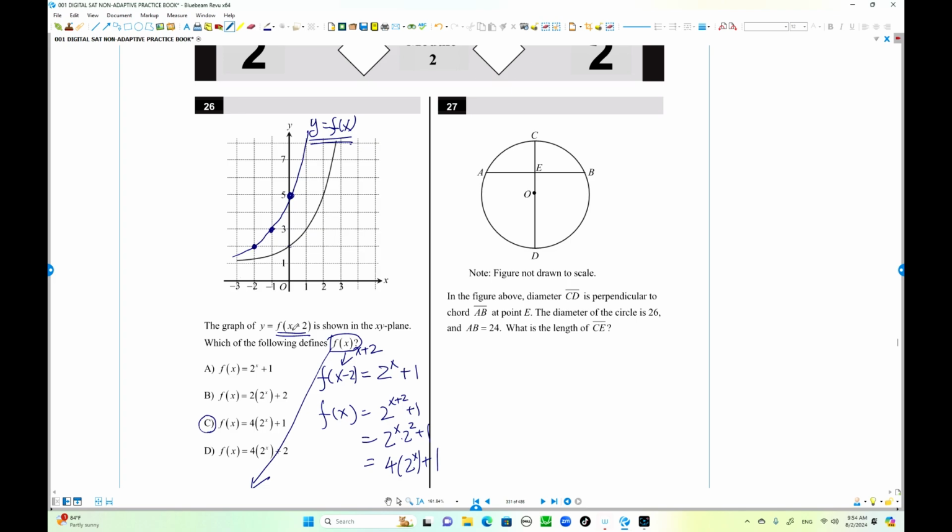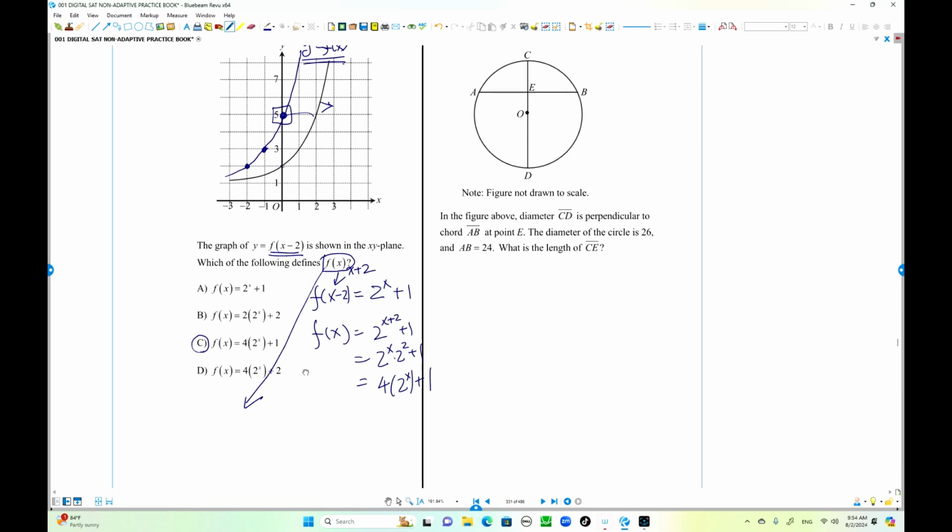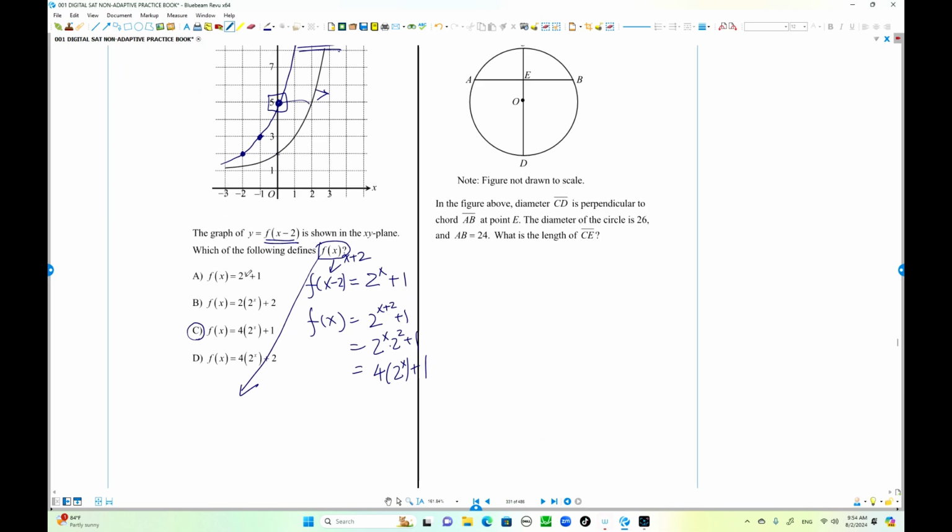After that, right, what is that? X minus 2 is moved to the right 2 units, right? Now we got the current graph over here. So using this one, we can use some point. When x equals 0, y is 5, isn't it? Which one satisfies this? When x equals 0, y is 5. 4 times 1 plus 1 is 5.